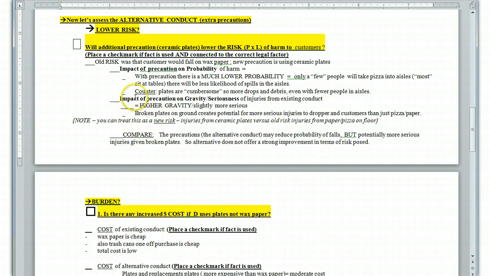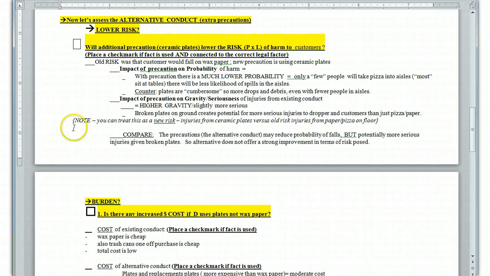The second thing you want to look about the existing risk is whether the precaution changes the gravity or seriousness of the existing conduct. What's interesting is that if people in fact take the plates into the aisles, you may well see higher gravity because broken plates on the ground create potential for more serious injuries to the dropper and the shopper compared with simply paper on the ground.